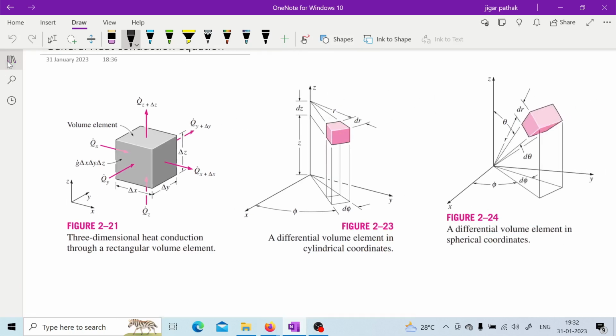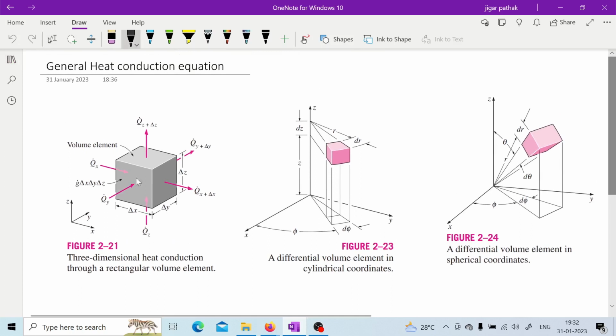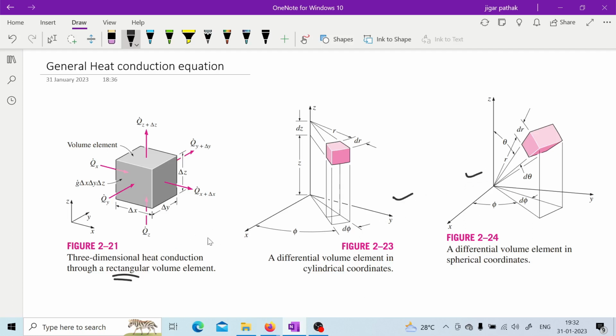Now if we go by coordinate system, then we can also write this general heat conduction equation, right? Considering all these directions as mentioned here, we are considering this volumetric element, right? So if we first go for this rectangular element, right? This too can then directly be derived once we are done with the general heat conduction in rectangular coordinates. Then you can define it easily.